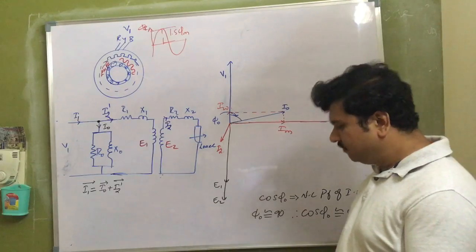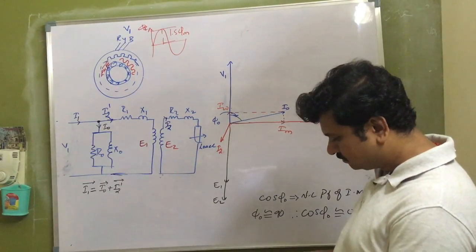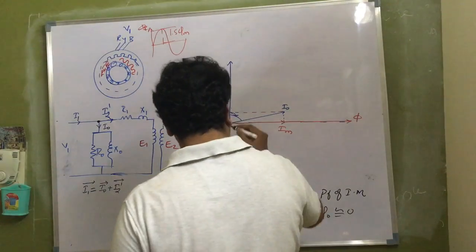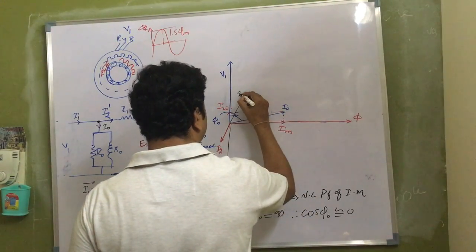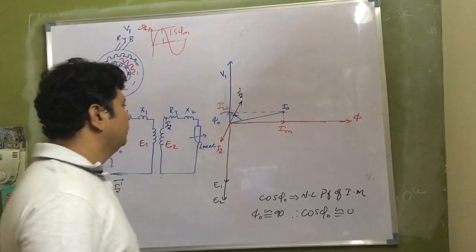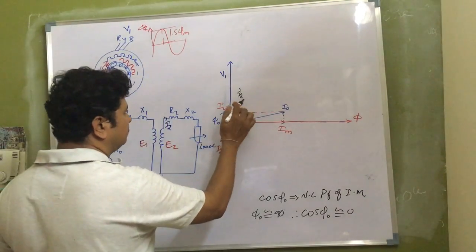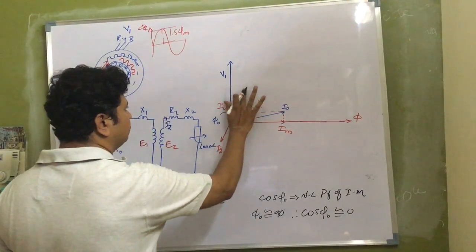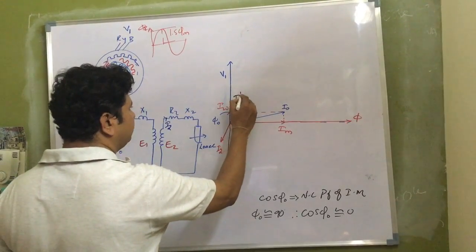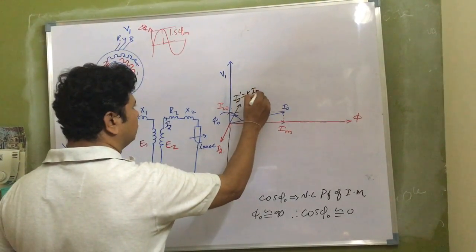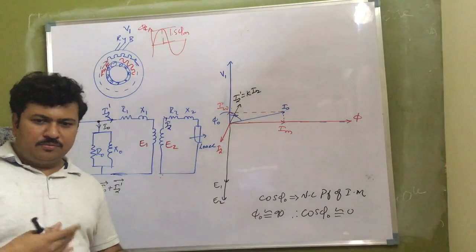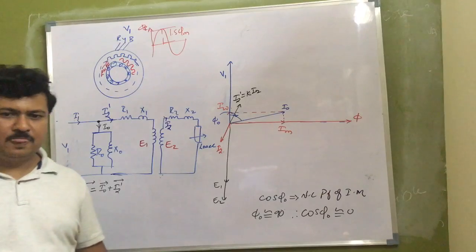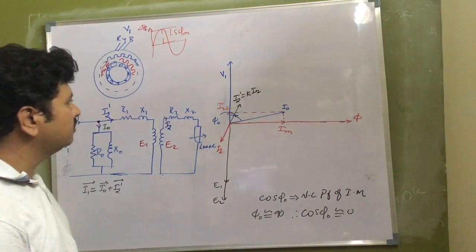Therefore, that vector I2 dash will be at an angle of 180 degrees with respect to I2. So this is I2 dash, which equals K into I2. Now I think you are remembering the transformer concepts. So I2 dash equals K into I2.